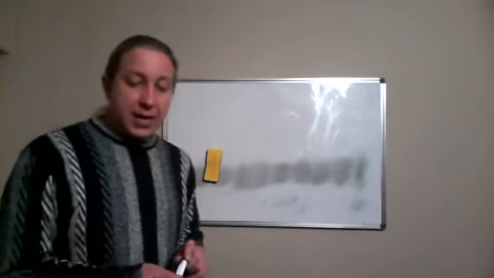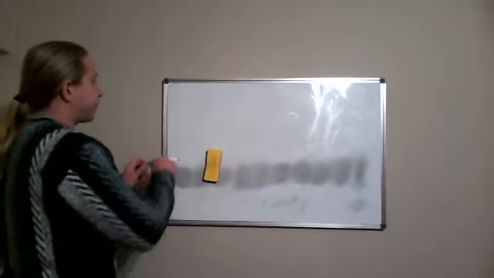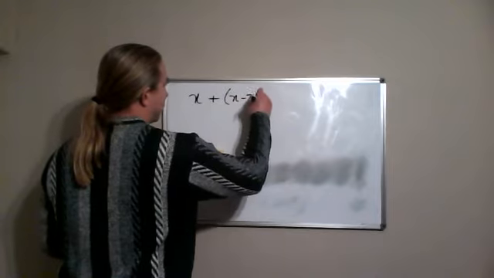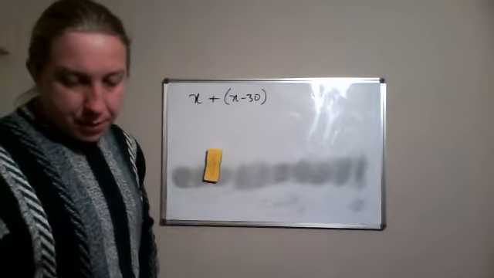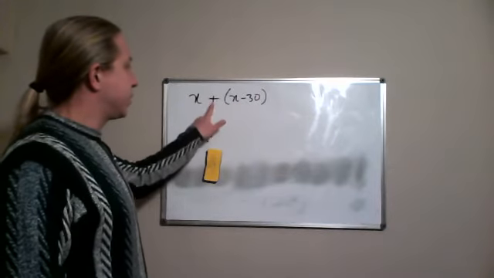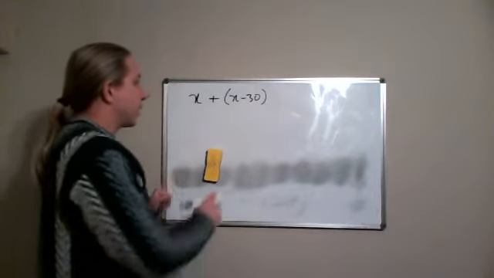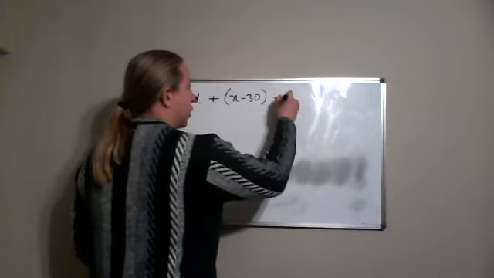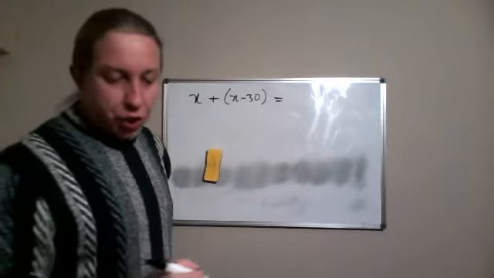Right, so let's do exactly that. So we have x plus x minus 30. I put this in brackets because there's a negative there, so I need to multiply it in. So x plus that whole angle has to equal the exterior angle, which is x plus 50.